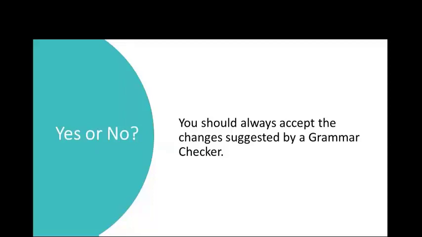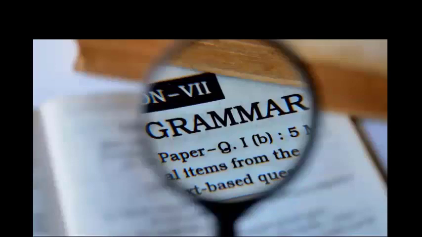Because sometimes they're like spell checkers. You have to know if they're giving you the correct information, okay? Because sometimes it's a machine. So grammar checkers are great tools, but like spelling checkers, they can be wrong. A lot of times I don't follow the suggestion of the grammar checker, but I always follow the suggestion of the spell checker because my spelling is horrible.